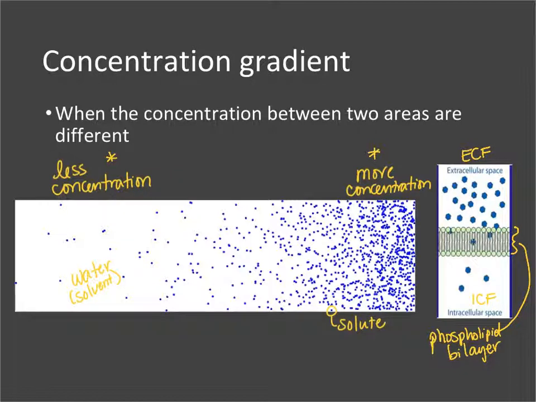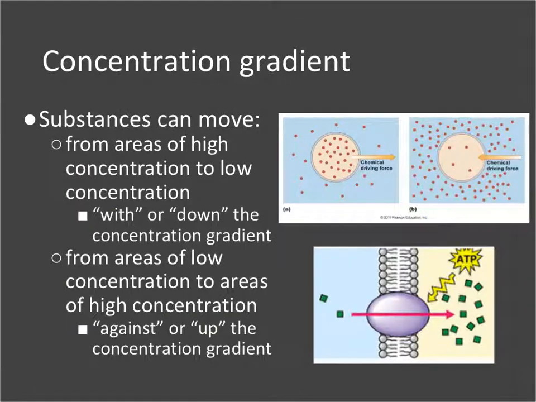So this concentration gradient, once again, means that there's more concentration in one area and less concentration in another area. These concentration gradients can be a driving force, which means that molecules or substances can be forced to move from one area to another area.